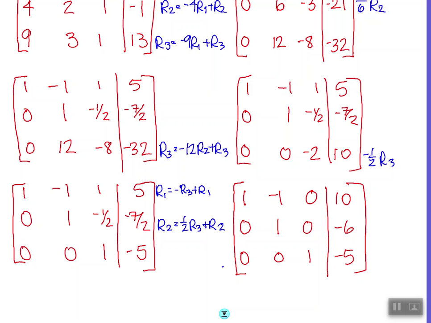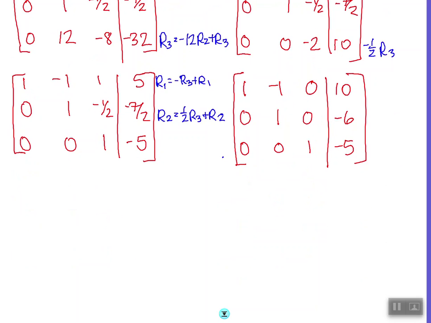The last thing I need to do is make the first row, second column, a 0. So to do that, I'm going to say that the first row is the second row plus the first row.